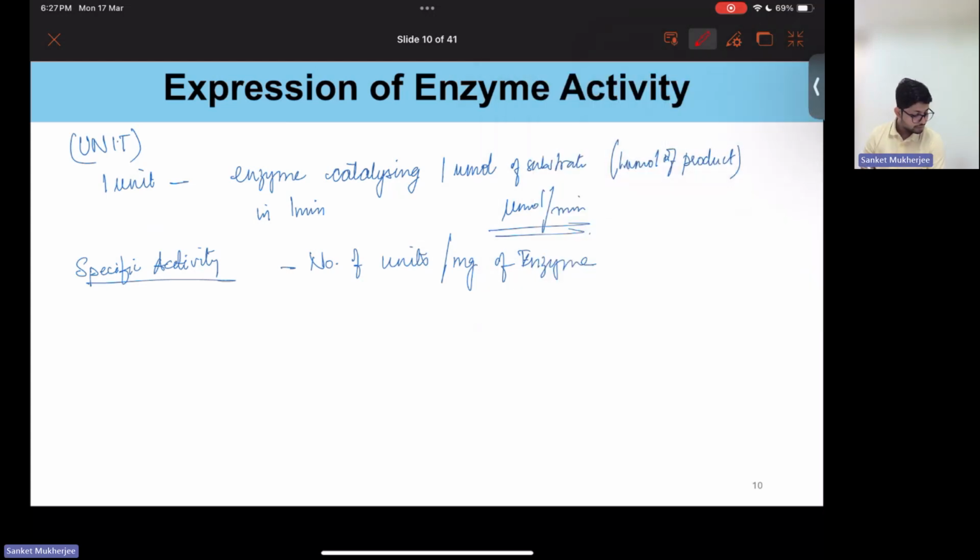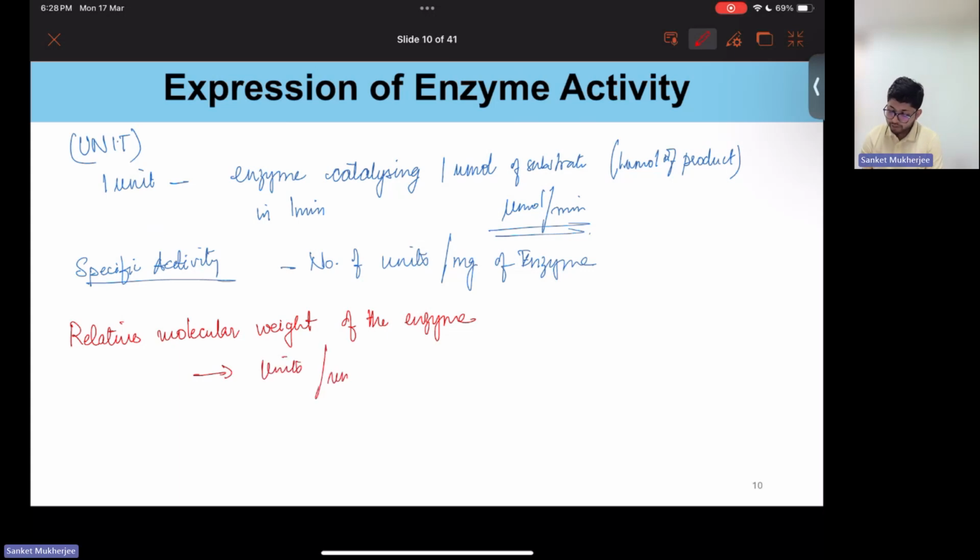Then if we know the relative molecular weight of the enzyme, then the activity can be expressed as units per micromole of enzyme.